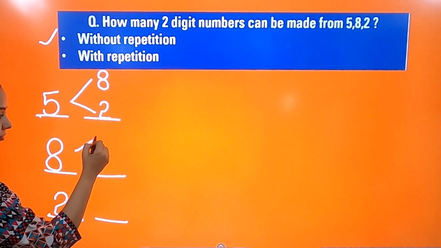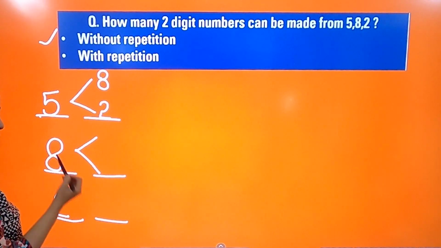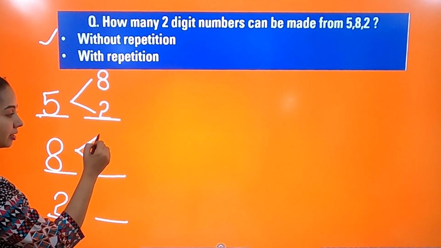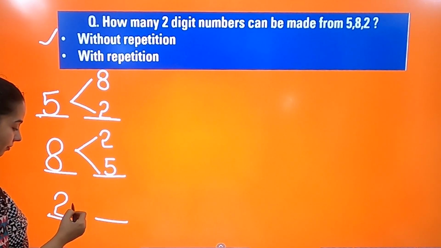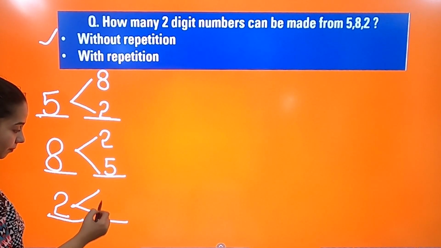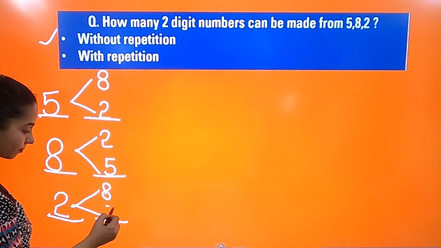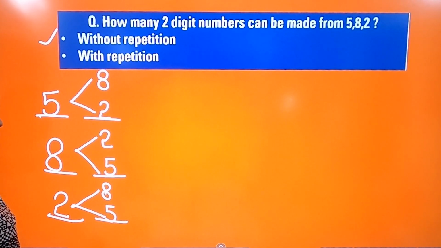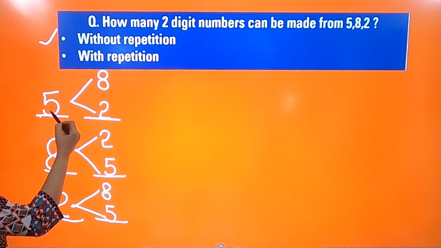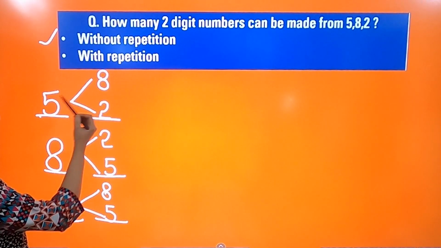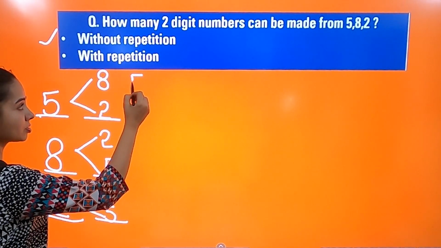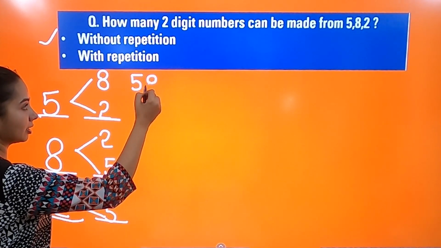With 8, again the same thing. If I have used 8 in the first place, then only 2 options are left. For 2, again 2 options are left for the second place. This way we'll make numbers. So it will become 5 in the first place, 8 in the second place. The number becomes 58.